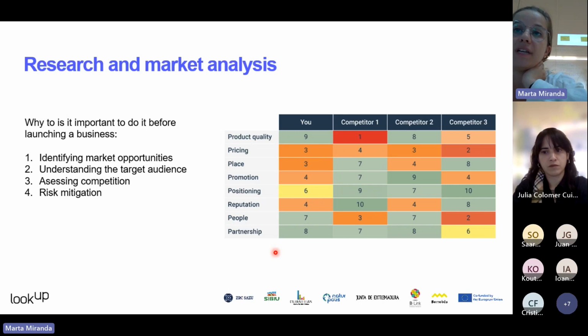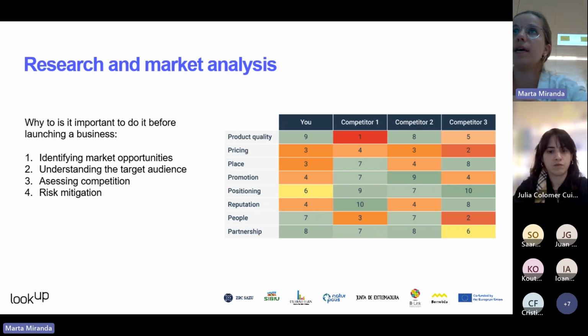We can do it, for example, in a numerical way, or we could put low product quality, medium product quality, or high product quality. We can do it in a more qualitative or quantitative way. And this research will help us also to mitigate the risk that might come with our business.